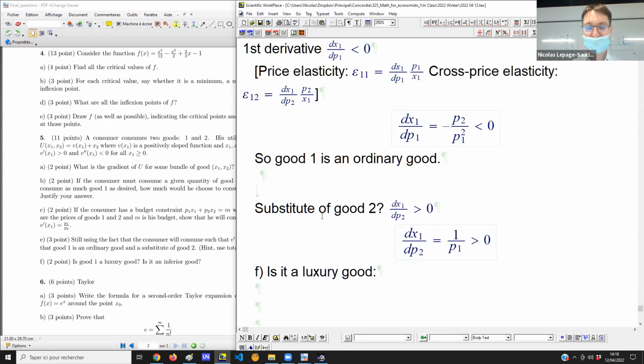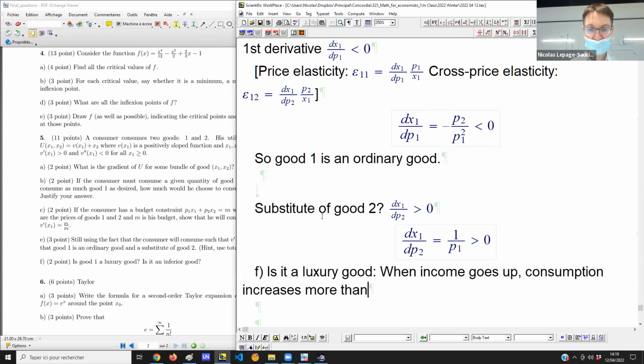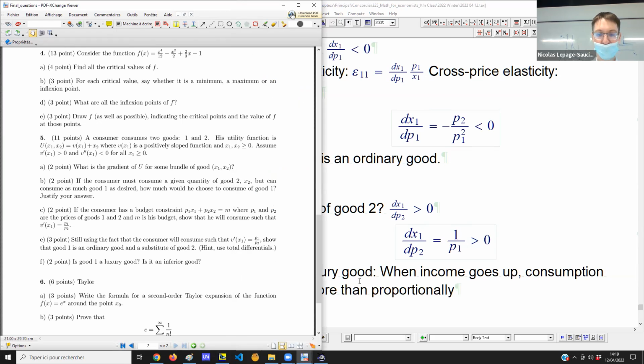All right. So for this, luxury good is when income goes up, consumption increases more than proportionally. So that's more challenging. Oh, so can we say something about this or not? I'm not sure. Maybe, maybe not.